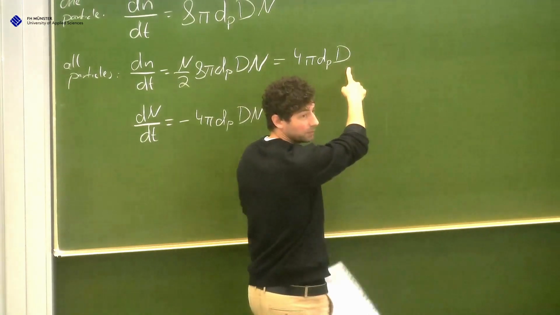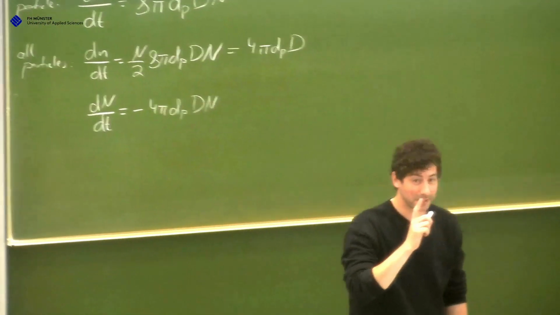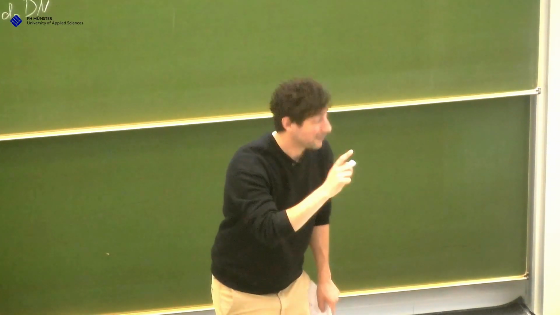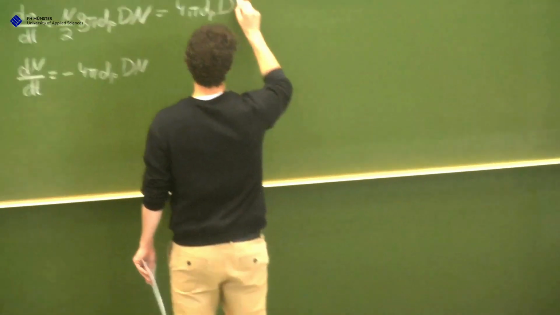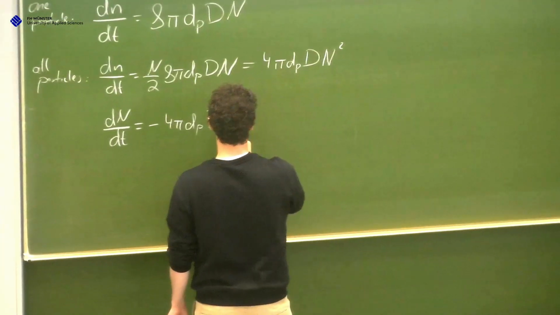Here's something missing. What is missing here? N and yeah, very good. N and the dependency is? Yeah, very good. Thank you. Exactly. So n squared is missing. Thank you. So here this is n squared.